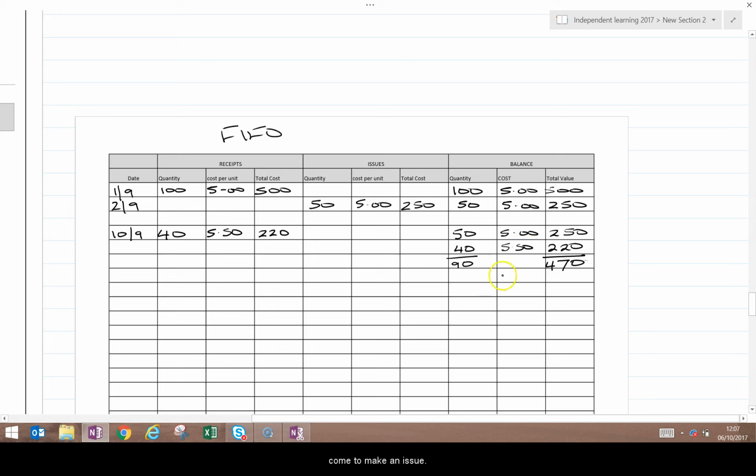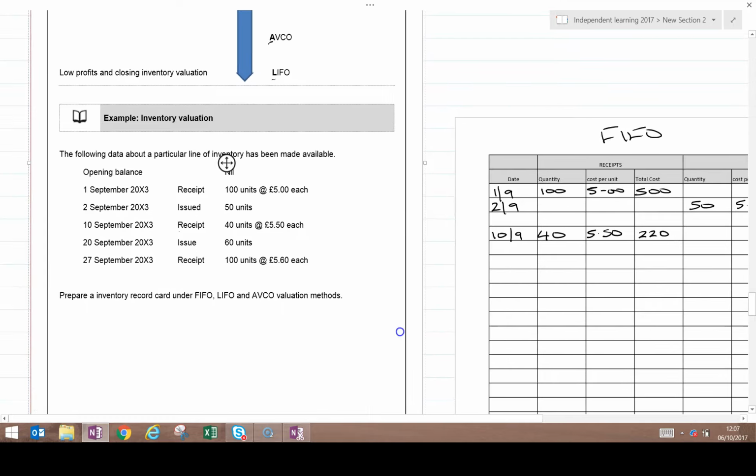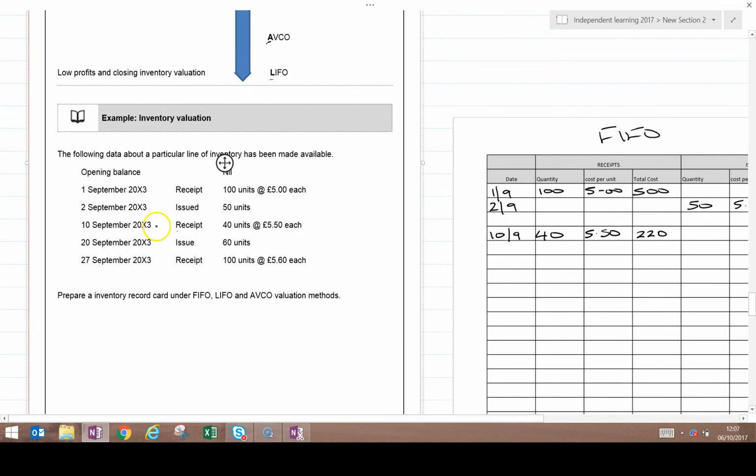When we then come to make an issue, by having this breakdown, it is much easier to work out the cost of the issues. And we'll see that in the next transaction. So if we go back to our example, okay, we've recorded the receipt on the 10th. On the 20th, we have an issue of 60.